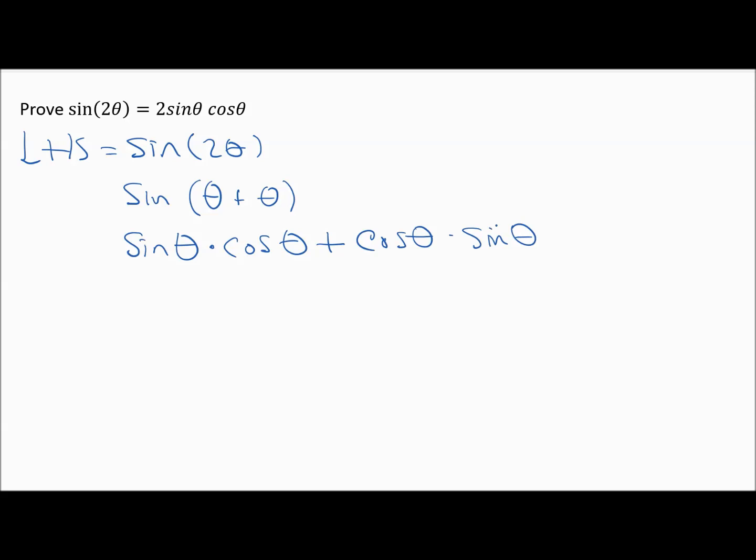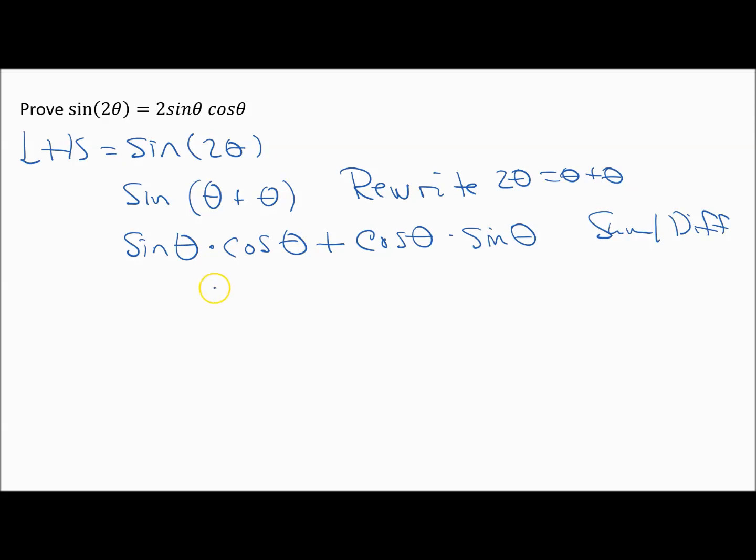Again, it is sine of alpha plus beta is sine of alpha cosine of beta plus cosine of alpha sine of beta. And that's what we've done. So we're going to put that we used the sum difference formulas. Here we just rewrote, and I should say rewrite, 2 theta as theta plus theta. That's probably even more detail than you would have to give me, but that's what really happened.